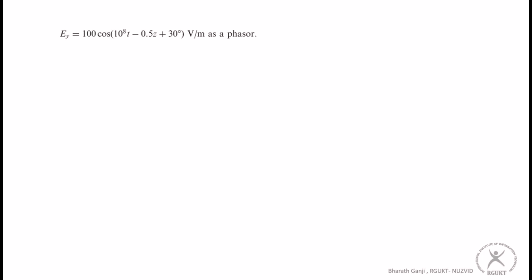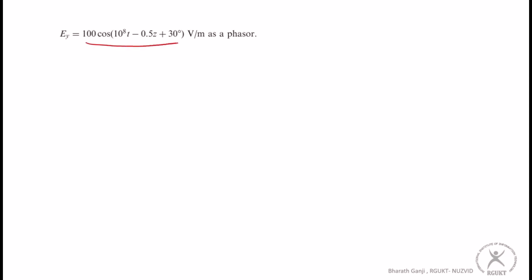Basically, phasor form is like writing equations in frequency domain, or you can say writing the equations in complex domain. So that makes calculations easier. So you need to get an idea of how easily you can convert from phasor form to time domain and time domain to phasor form.